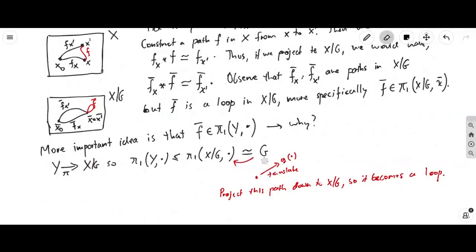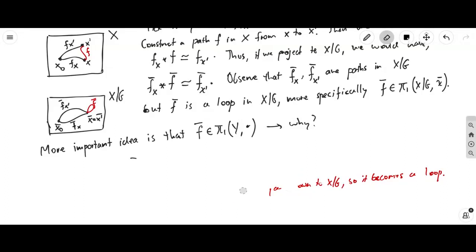And because the translation that we used was coming from the subgroup, it will therefore correspond to some element in the fundamental group of Y. So it corresponds to that subgroup.